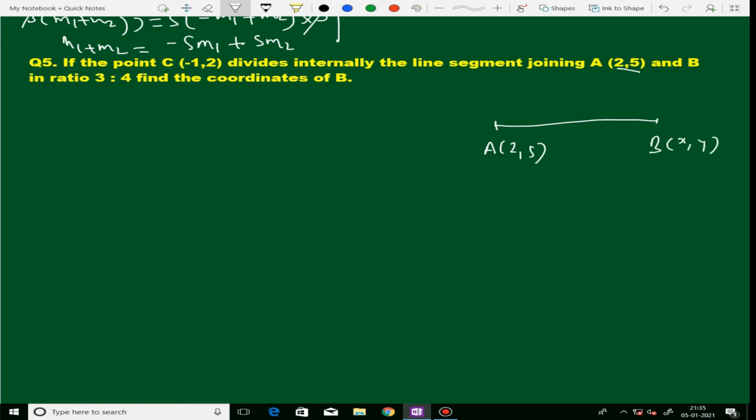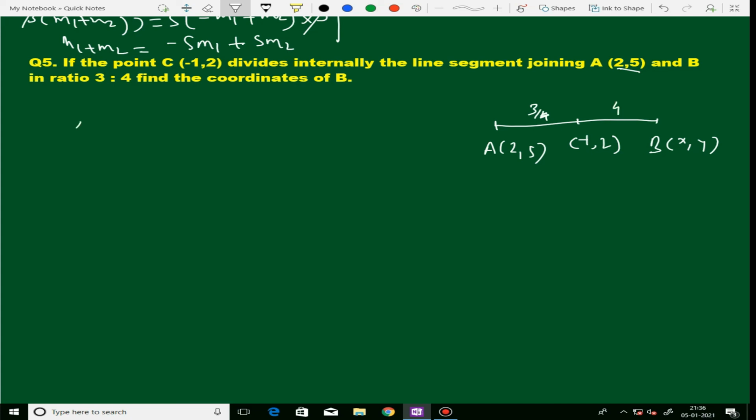Clear? And coordinates of C are given minus 1 comma 2. Clear? And ratio m1 m2 is given 3 and 4.